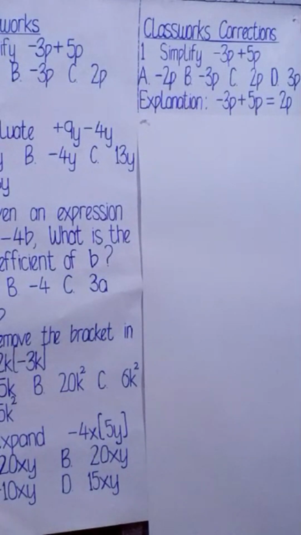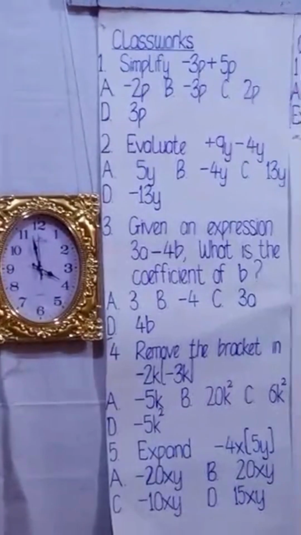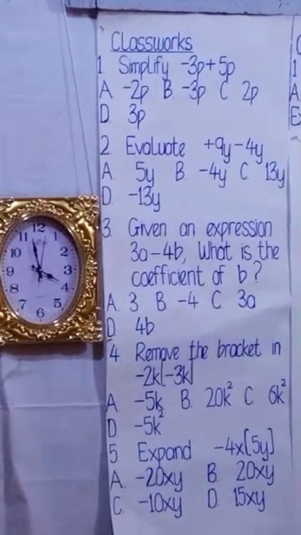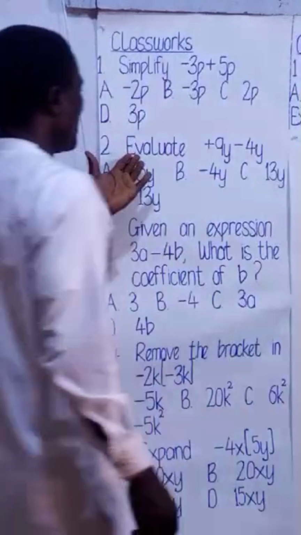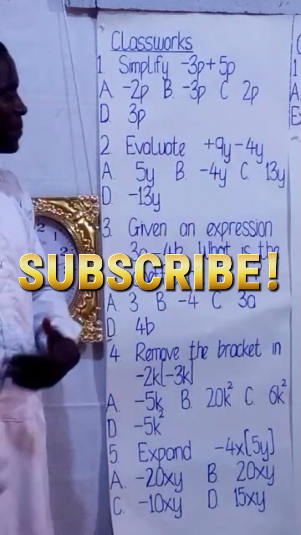And so we proceed very quickly to number 2, class activity 2. This one too will last for just 1 minute. Here, you are asked to evaluate plus 9y minus 4y.